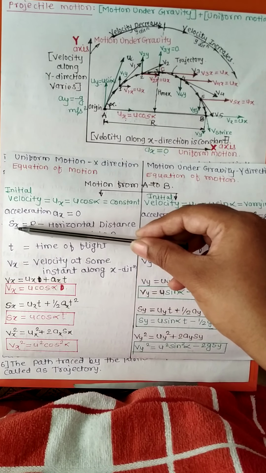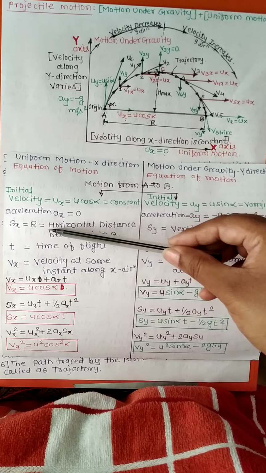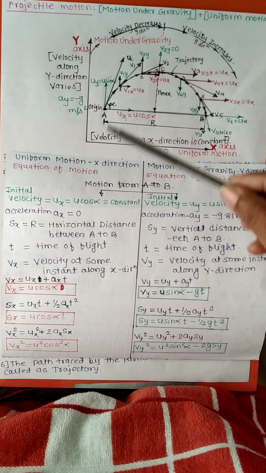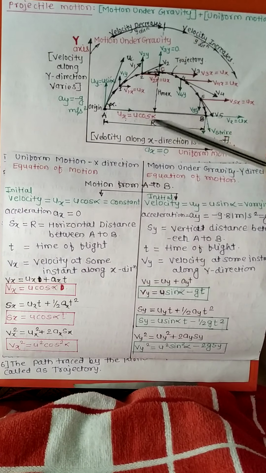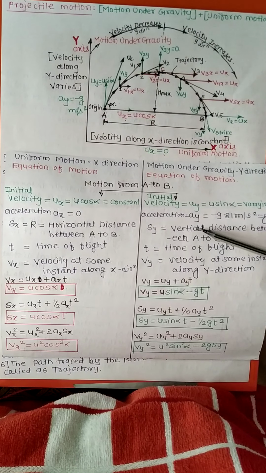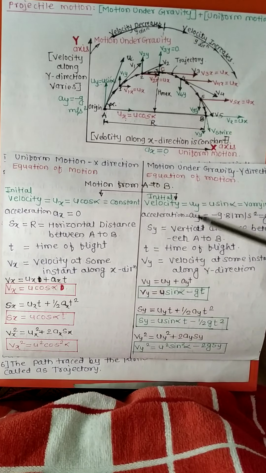We have taken the basic terms: Sx is the horizontal distance between the points A and B. Sy is the vertical distance between the points A and B. You can see A and B are both at the same level, therefore Sy for this condition we are defining as 0.